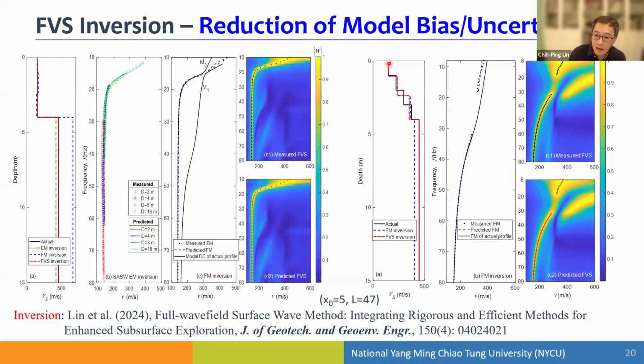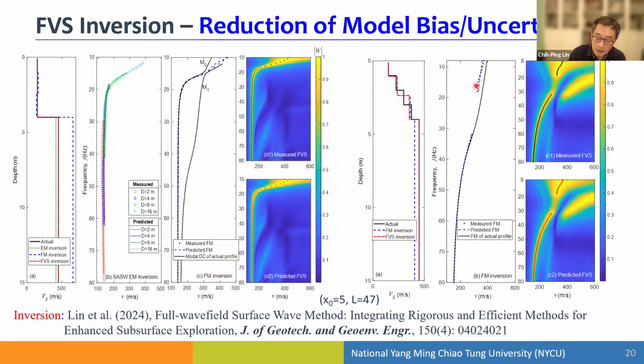So we perform FVS inversion. Again, it performed quite well. The fundamental mode inversion is reasonably good, but there's also some bias. The fundamental mode of the actual profile is this black curve. So you see, sometimes, depending on the geophone receiver array, the spectral peak can deviate from the normal mode.